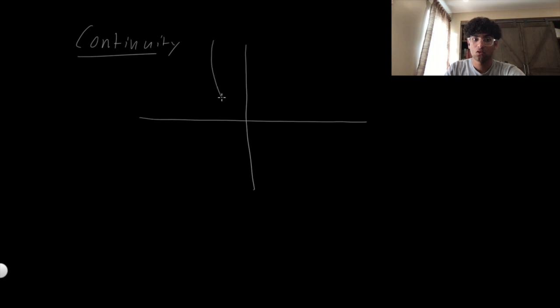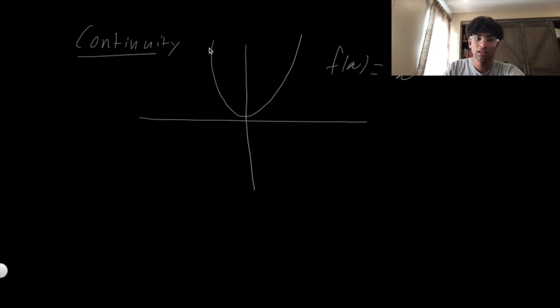Well, all I mean by continuity is, the best definition for it is you have a smooth curve with no breaks in it, like this. Y equals x squared. Okay?